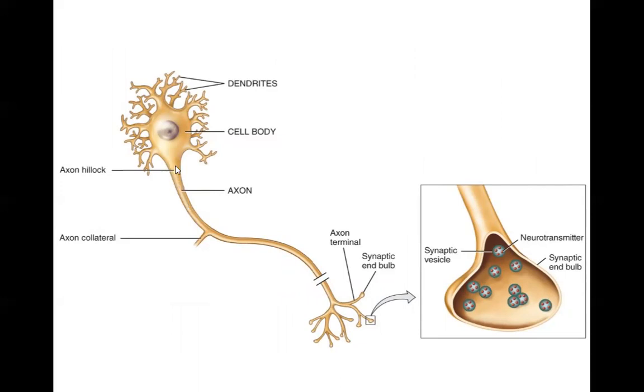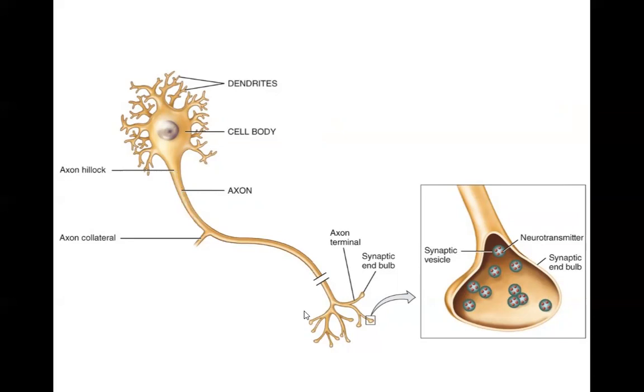Right in here, which this simplified illustration doesn't show, is a region called the trigger zone, which is where an action potential is triggered, hence the name. And then it fires, like a burning firecracker down the fuse. The action potential is going to go all the way down to the very end.